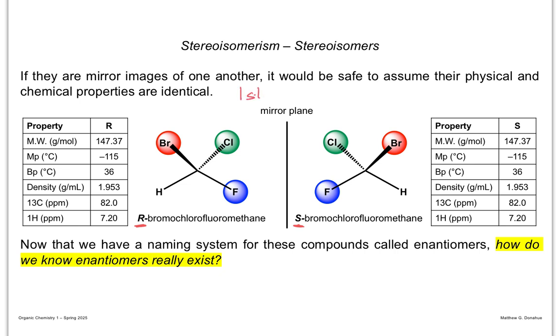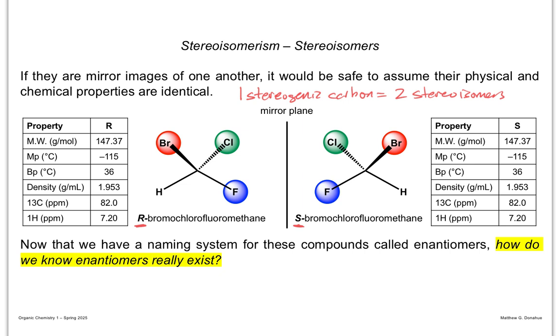One stereogenic carbon equals 2 stereoisomers. So you have a stereogenic carbon, you end up with 2 stereoisomers. Because they're mirror images, they have a special name.